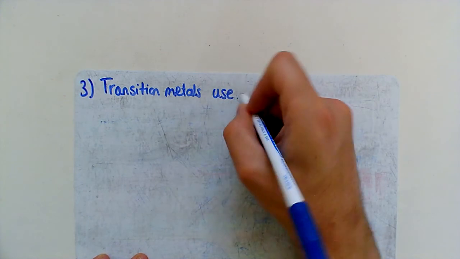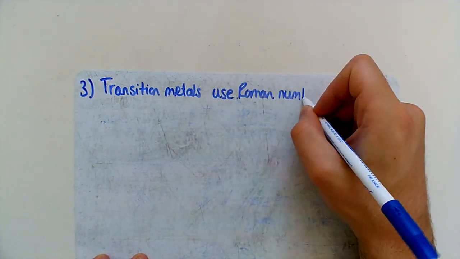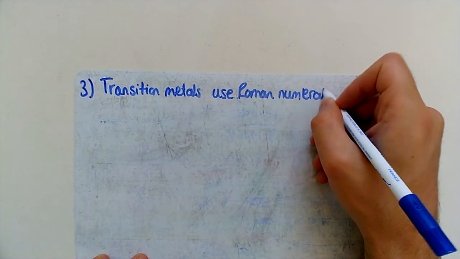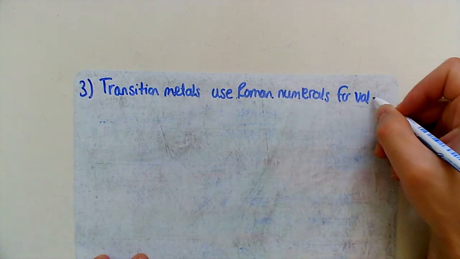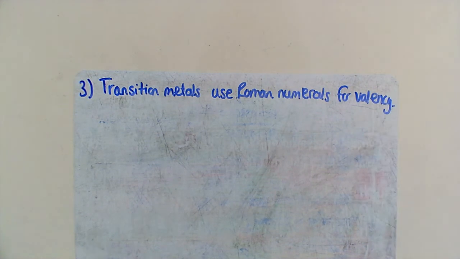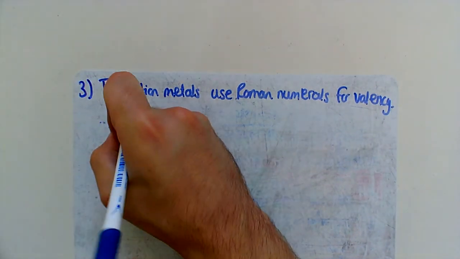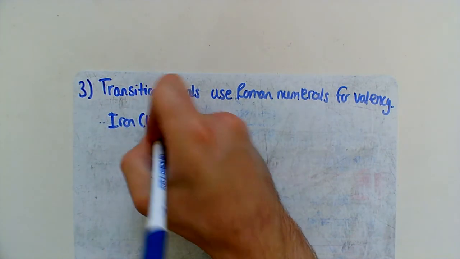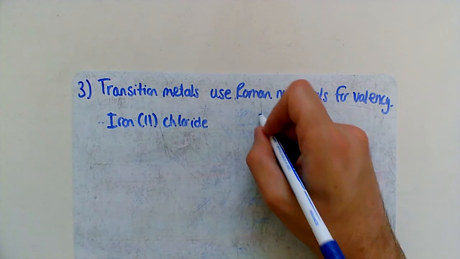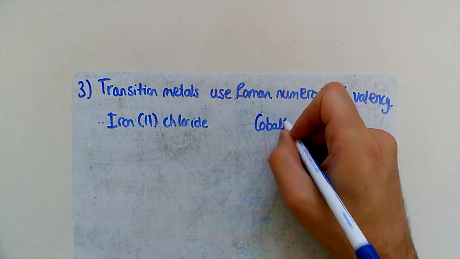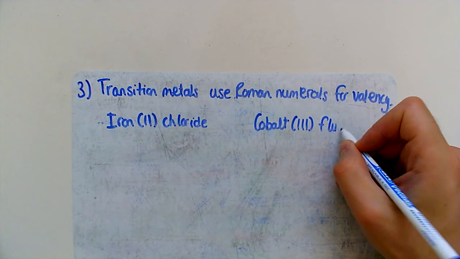And they use Roman numerals for valency. So, for example, iron 2 chloride, cobalt 3 fluoride.